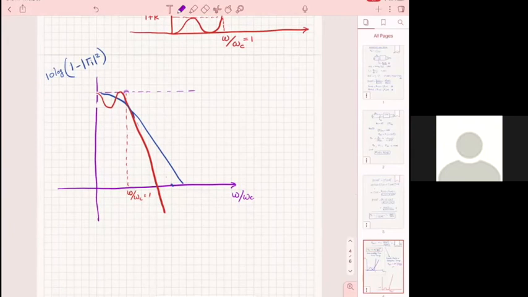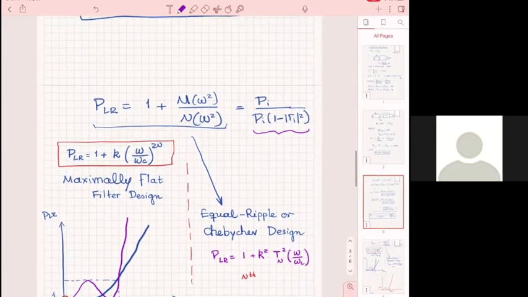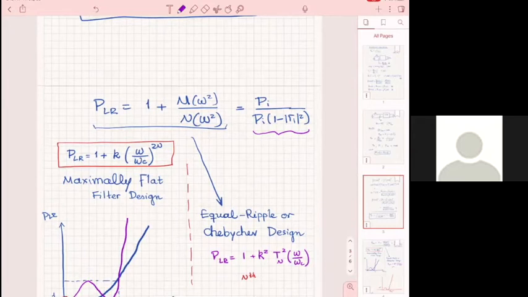So the insertion loss ratio is the maximum power available from the source divided by the power delivered to the filter. Okay, that makes sense. The other one is the inverse of this.